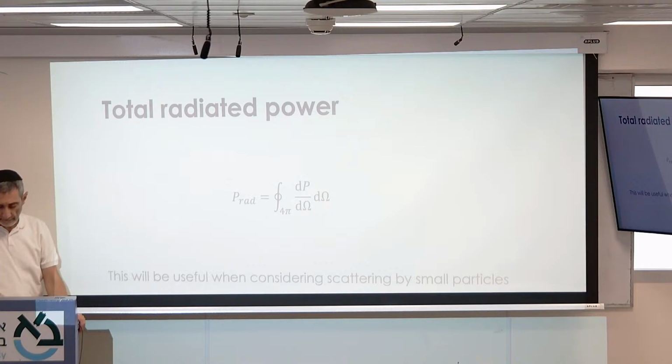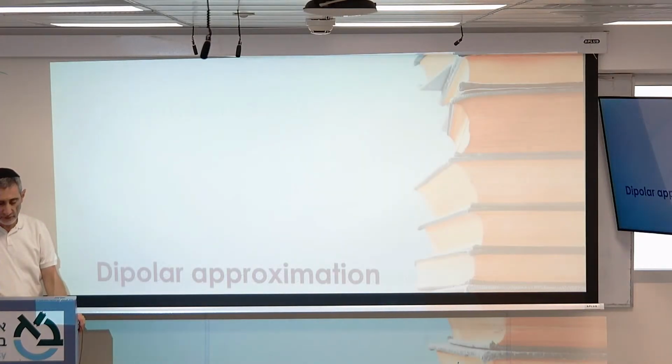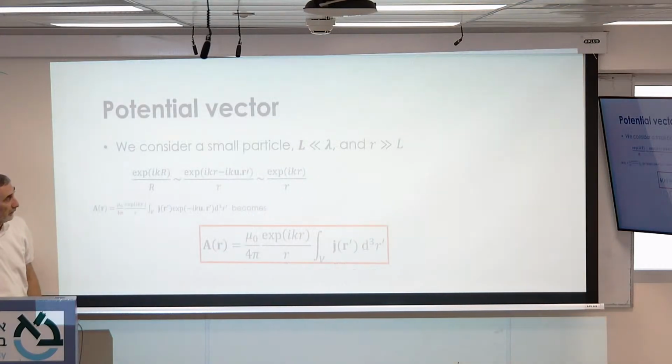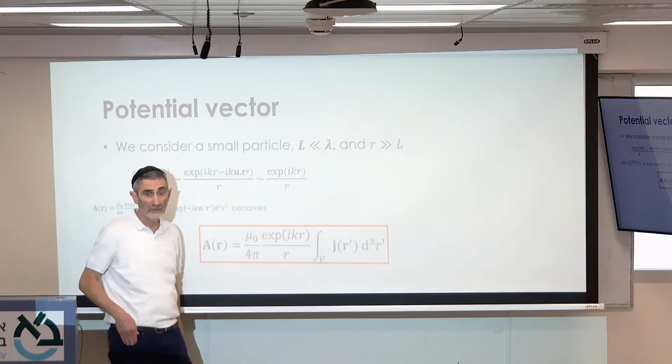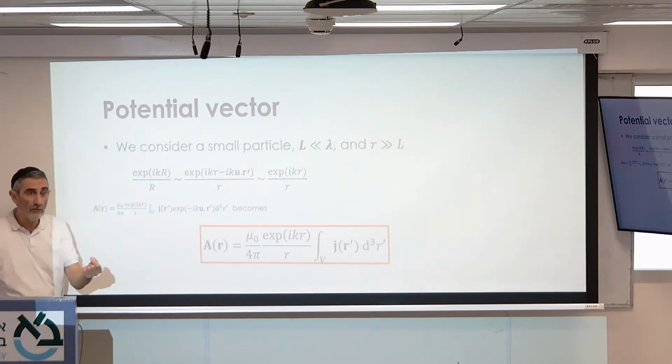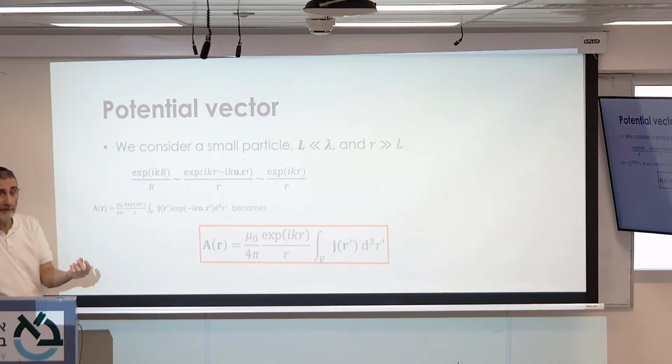Okay, there is another approximation that seems very similar, but it's different: the dipolar approximation, which states that the region where you have the dipoles is very small. Typically that L is very small compared to the wavelength. L is the typical length of the volume of scatterers, of dipoles. So you have one dipole, two dipoles, a small particle compared to the wavelength.